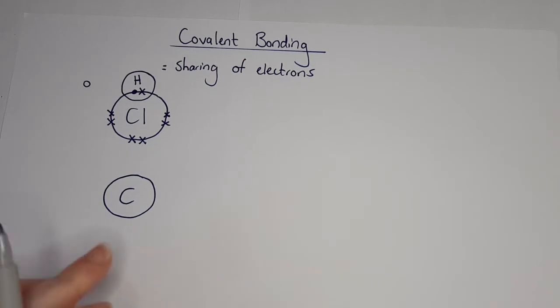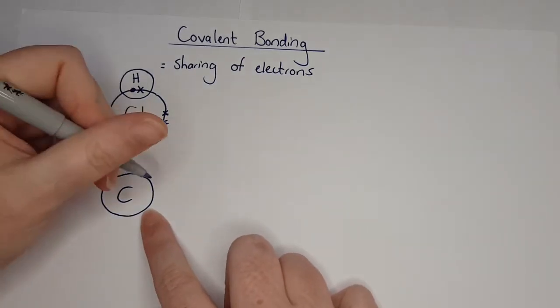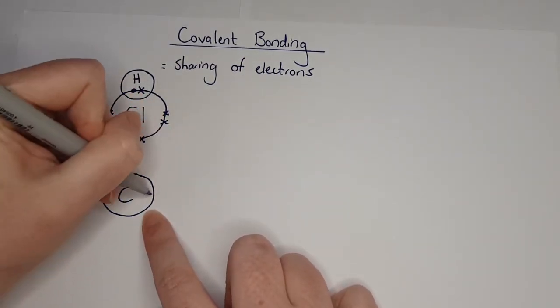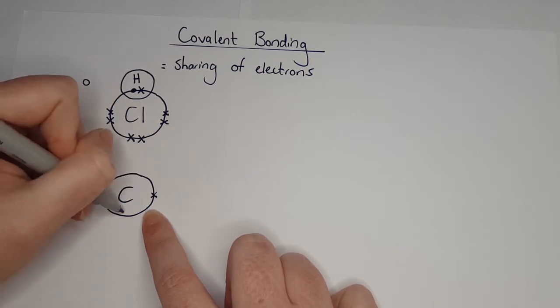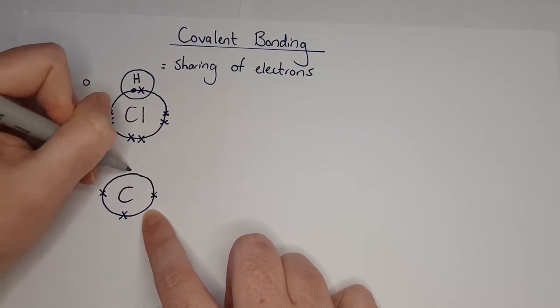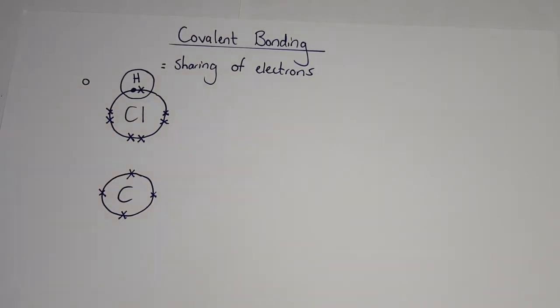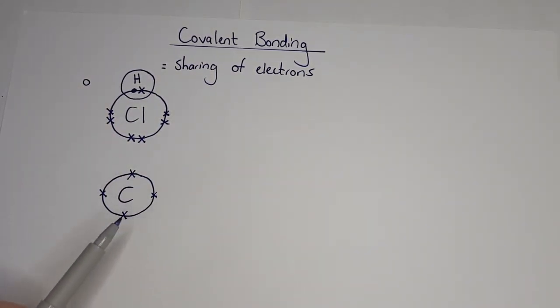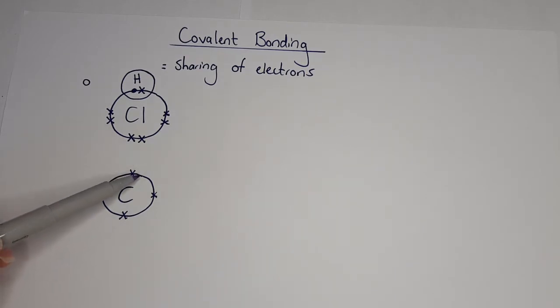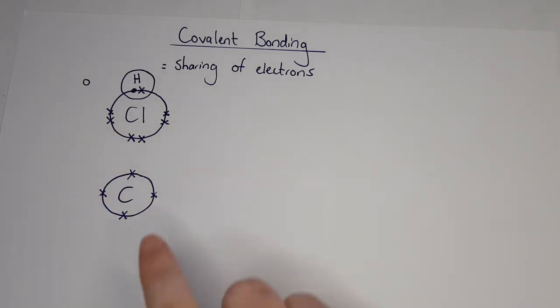So if I have another one, like this carbon, there I have 1, 2, 3, 4 electrons, because carbon is in group 14. So because it has 4 electrons, it now needs 4 electrons to become whole. So it could share those with maybe 4 hydrogens, for example.